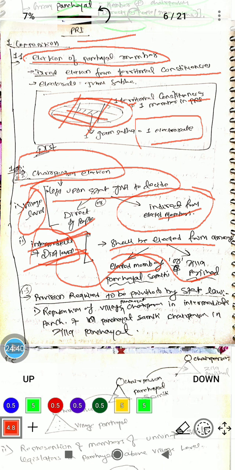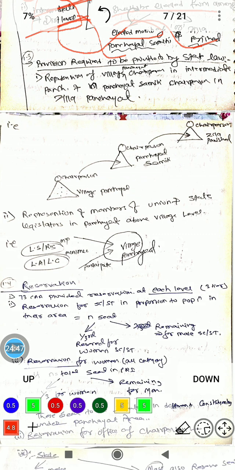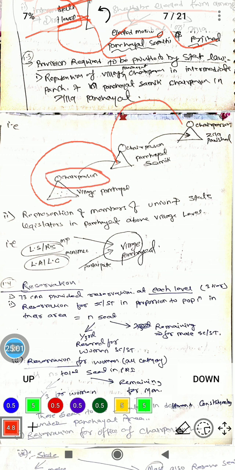Okay. The third is the provision required. There are some provisions by the state government, that the state government should provide the representation of village panchayat into the Panchayat Samiti and Panchayat Samiti representation into the Jilla Parishad. Basically, the chairperson of the village group will be represented in the Panchayat Samiti, and the chairperson of the Panchayat Samiti will be represented in the Jilla Parishad.